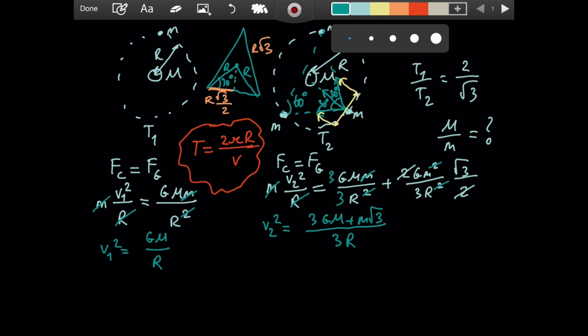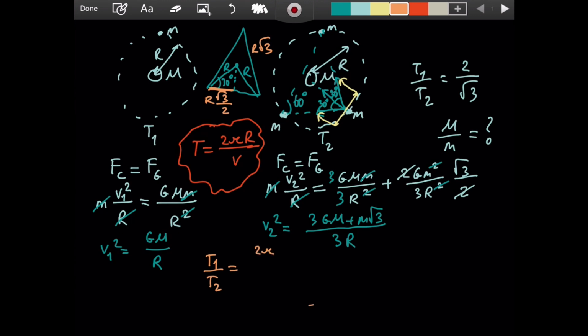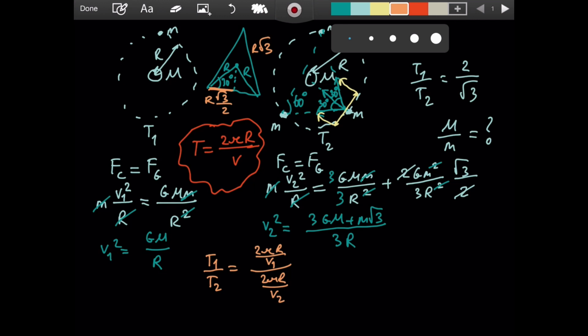So T1 over T2 is equal to nothing but 2 pi r divided by V1, divided by 2 pi r divided by V2. Right? I didn't write R1 or R2 because the radiuses are the same in each case, but the speeds change.